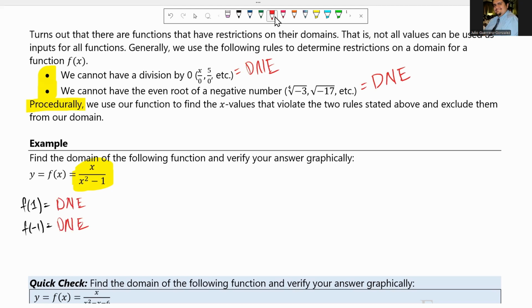Does it look like we're going to be taking a square root anywhere? No. So the second one is not one that we have to watch out for. The first one is, since there is a division, we have to make sure that we don't divide by 0. So that is our game plan here.